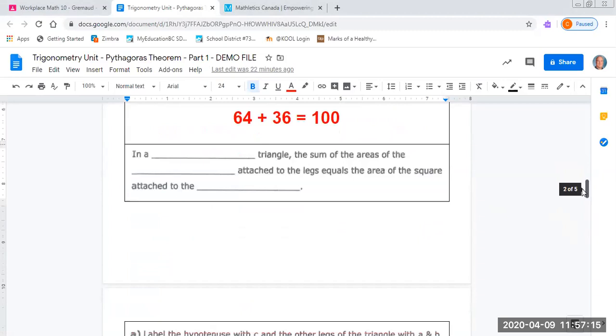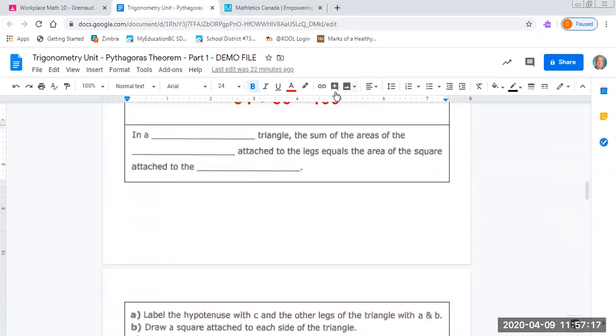Now, to review some of what we just discussed, if I were to say to you this sentence here and ask you to fill in the blanks, it says, in a blank triangle. The reality is it's not every triangle, it's only in right triangles.